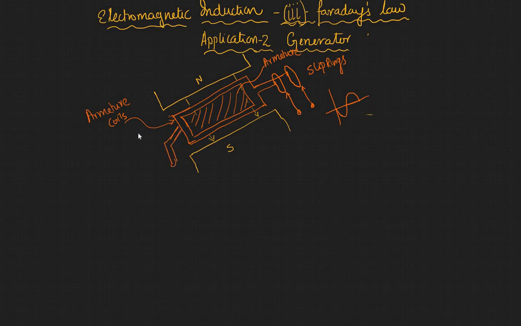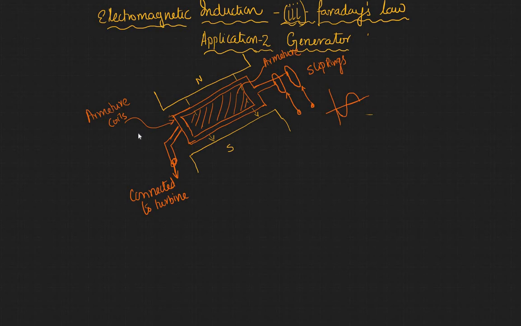Here you can have a handle, or something connected to a turbine. It can be a hydroelectric station or a steam turbine, a steam engine, steam based or coal based system. So the turbines run the generator.